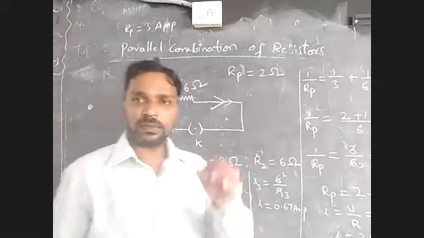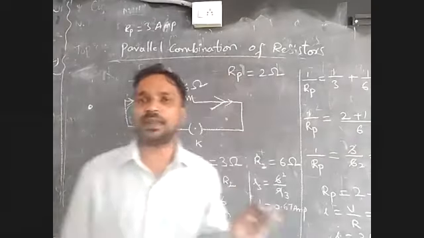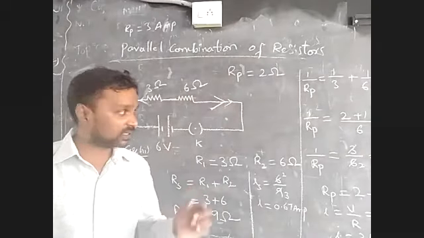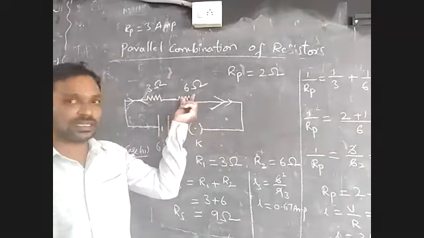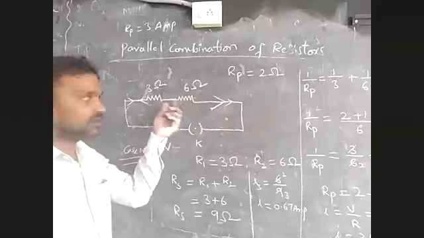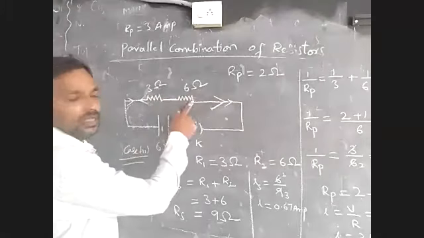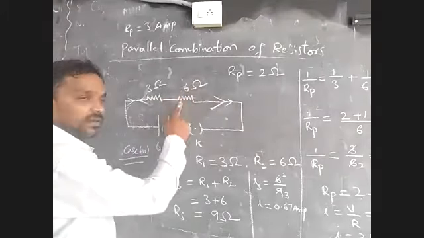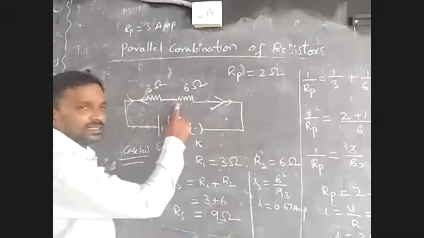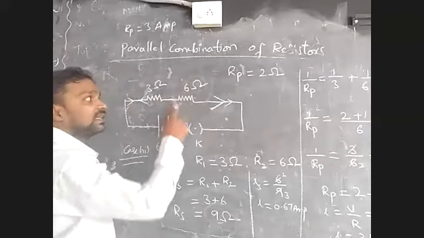Here, the main difference in series and parallel combination is that the resultant resistance in series is always greater than the greatest resistor. Greater than the greatest resistance. Among these, 6 is the greatest, and the resultant resistance calculated in the series combination will be greater than the greater resistor.